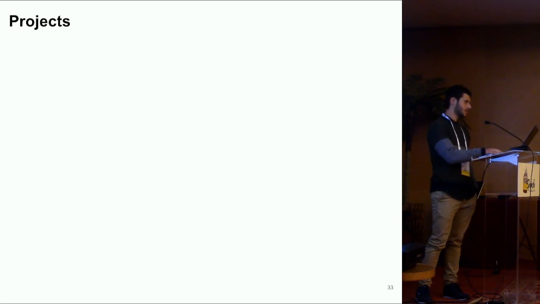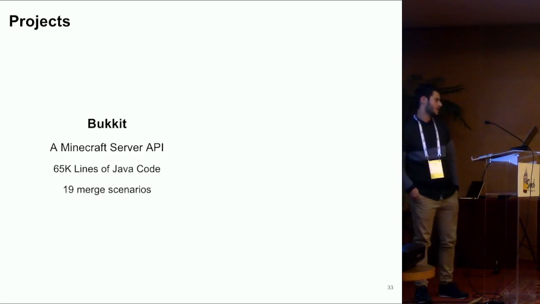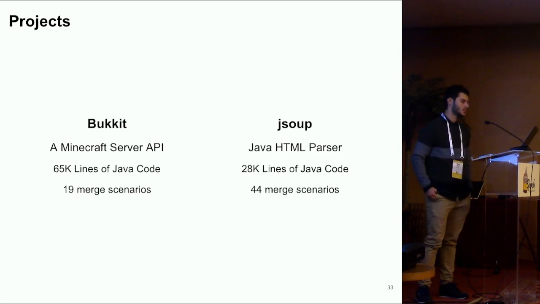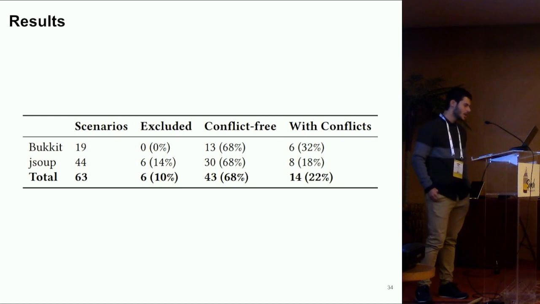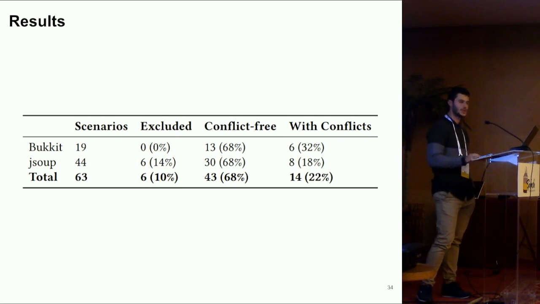We have obtained merge scenarios from two projects: Bukkit, a Minecraft server API, and JSoup, an HTML parser. From the total of 63 merge scenarios, we had to exclude 6 of them.